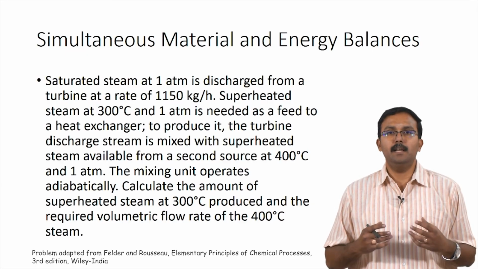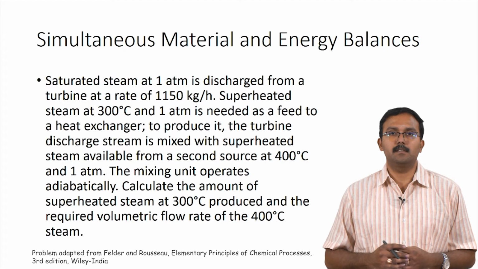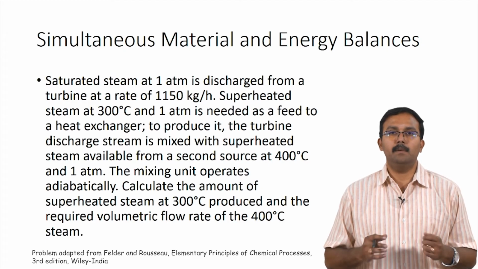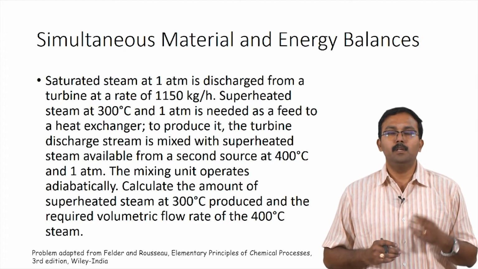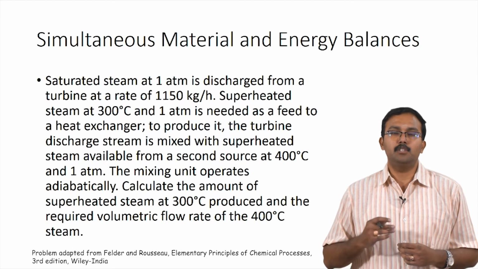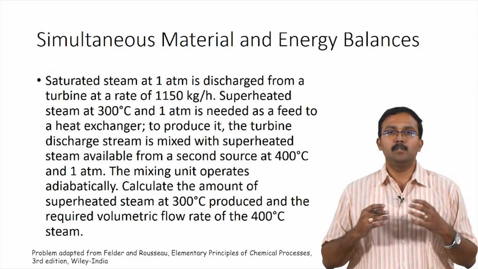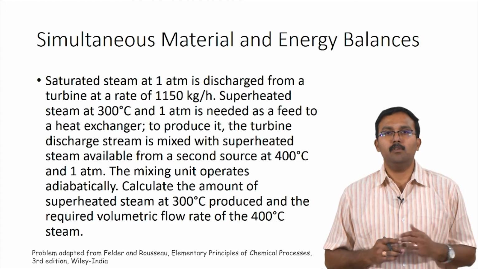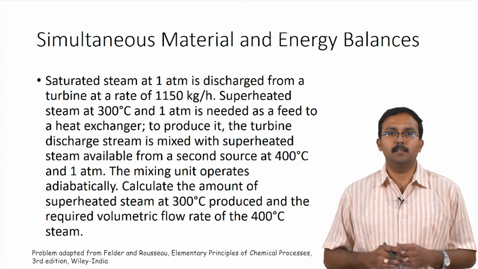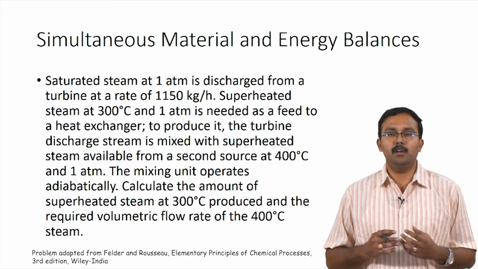So, these are usually terms which we calculate from material balances. However, if you were to write material balances for this problem, you would find that the degree of freedom is not equal to 0. So, to solve this problem, we also need to write the energy balance equation.